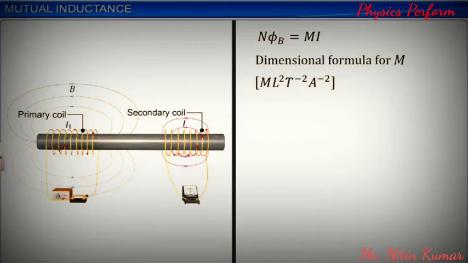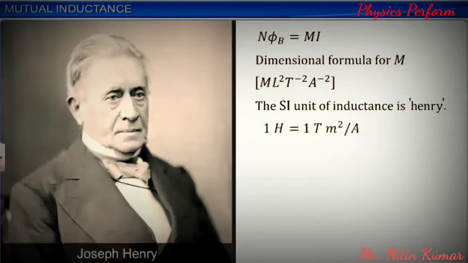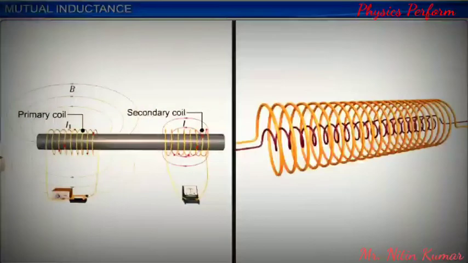The SI unit of inductance is Henry, named after the scientist Joseph Henry, and is denoted by H. 1 Henry is equal to 1 Tesla meter square per ampere. So far, we have explored the experimental setup with two coils of the same radius placed beside one another. Let us now consider an example in which two coaxial solenoids induce current into one another.